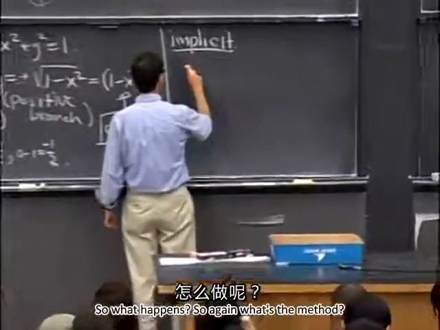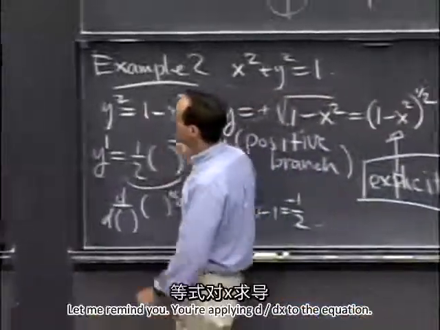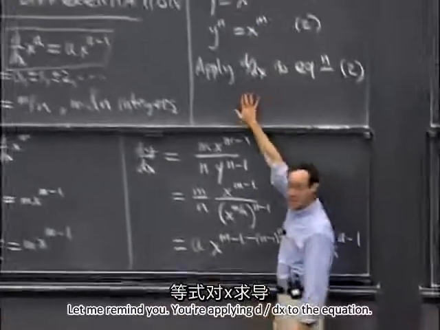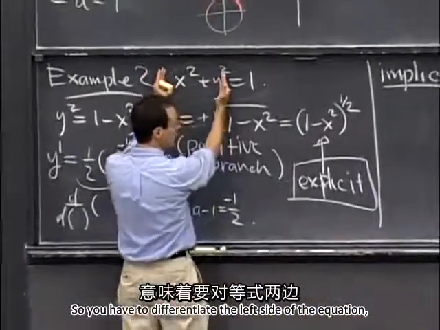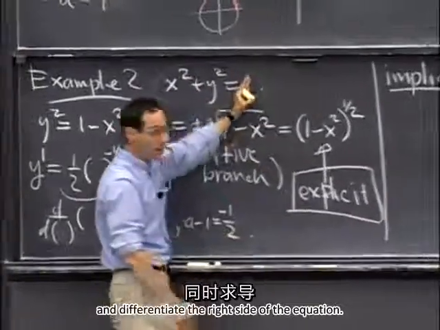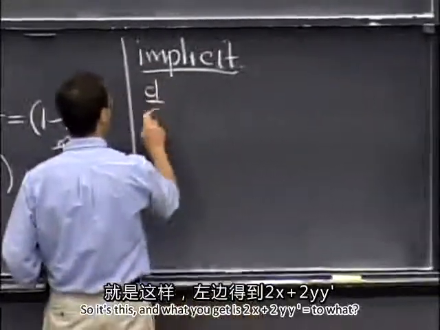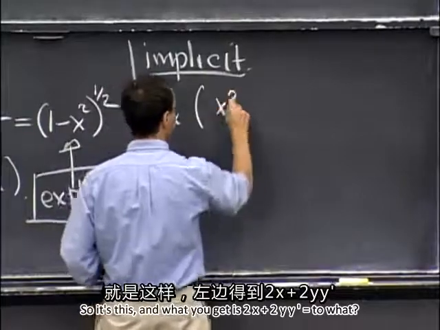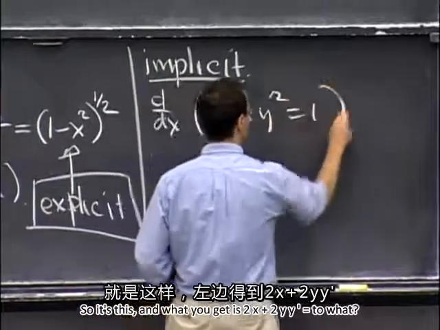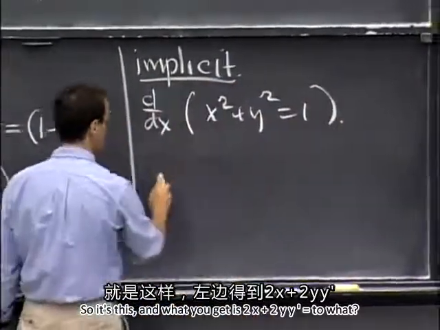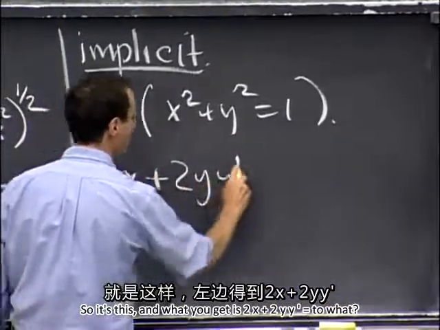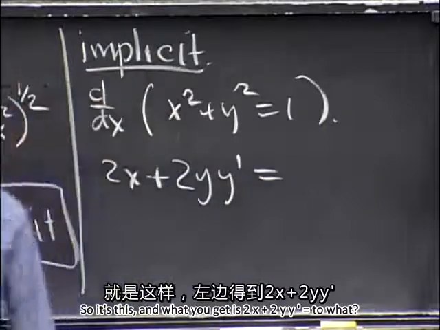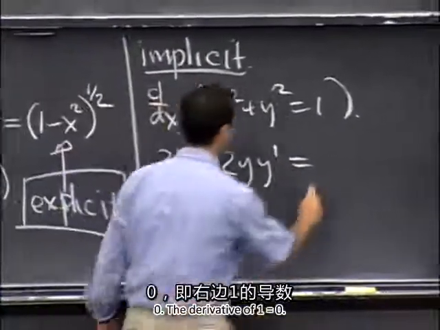So what happens? So again, what's the method? Let me remind you. You're applying d by dx to the equation. So you have to differentiate the left side of the equation and differentiate the right side of the equation. And what you get is 2x plus 2y prime is equal to what? 0.